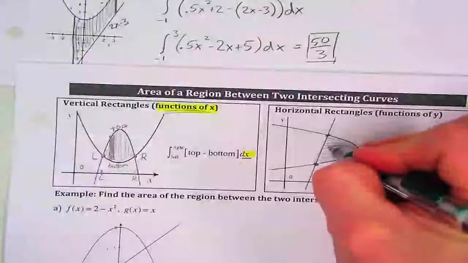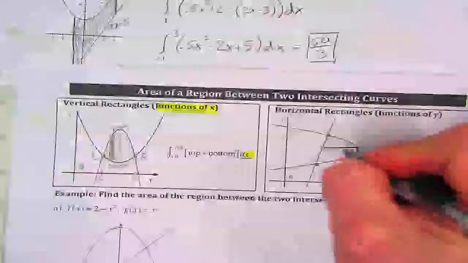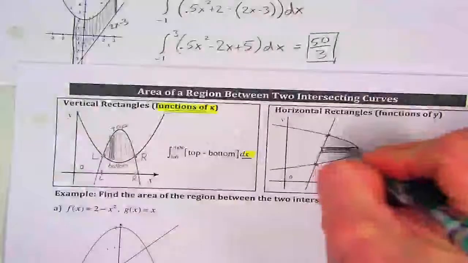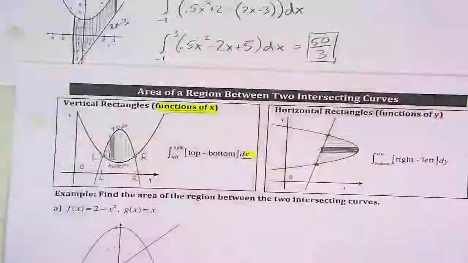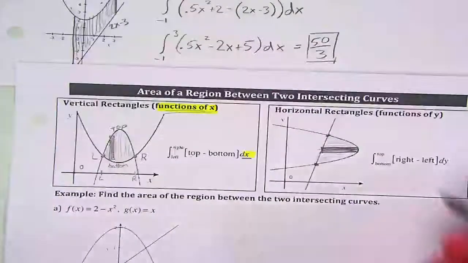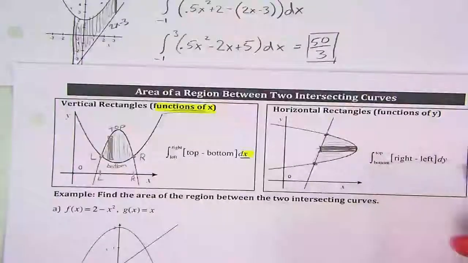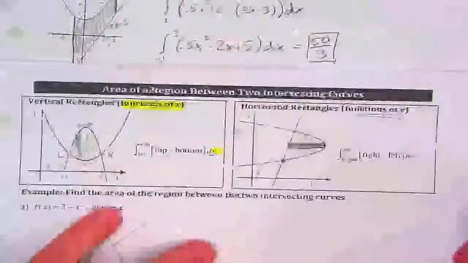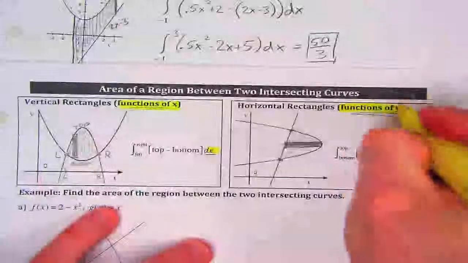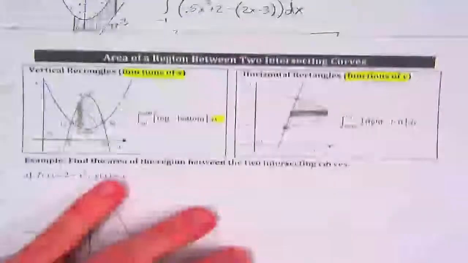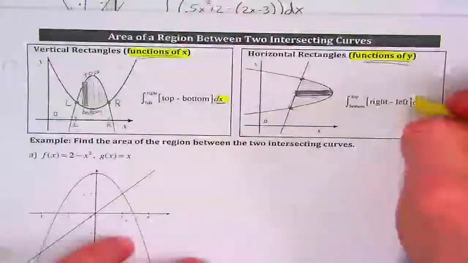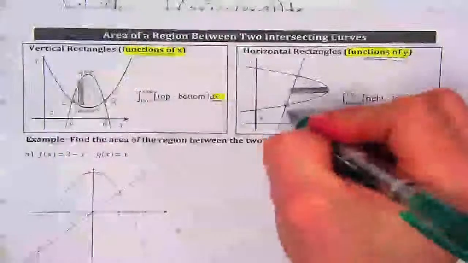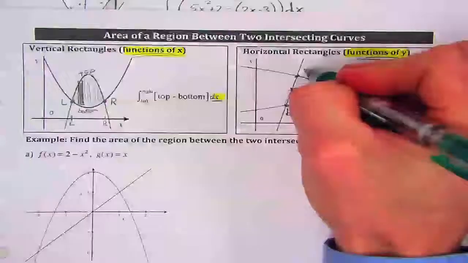So what we do is we turn this on its side, and we actually look at horizontal rectangles. And then we turn the whole process on its side. So now our integration is going to be a function of y. Okay. And we need it with respect to y. So we're going now from the bottom to the top.